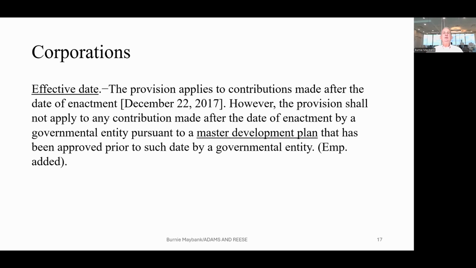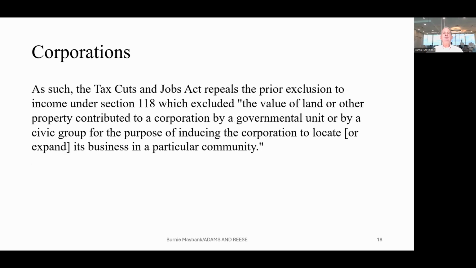The effective date was December 22nd, 2017. However, there was a safe harbor for incentives done pursuant to a master development plan, which had been approved prior to December 22nd, 2017. The master development plan had to be approved by a governmental entity, not private sector corporations.